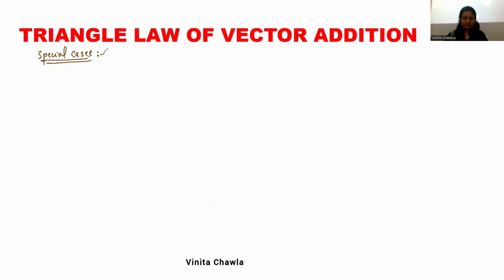Case 1. Case 1 is, what if two vectors are pointing in the same direction? If two vectors are pointing in the same direction, vector A is here, vector B is also here.